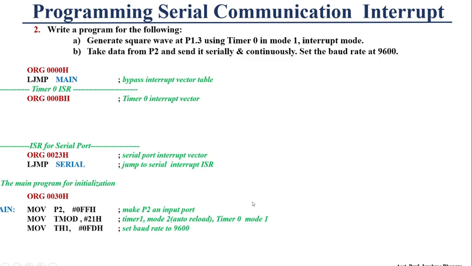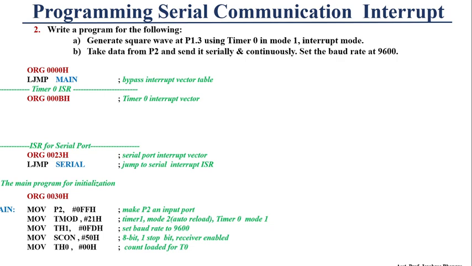The value 0FDH is loaded into TH1, the timer 1 register, to set the baud rate at 9600. Using the instruction MOV SCON, #50H, we are selecting the mode for serial transmission, that is 8-bit UART mode with one stop bit, and the receiver is enabled.